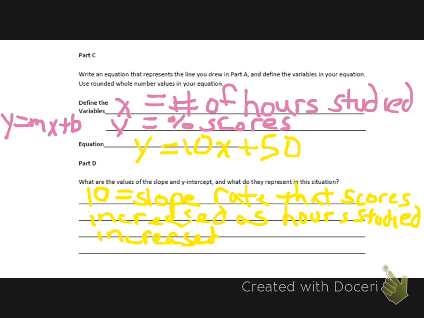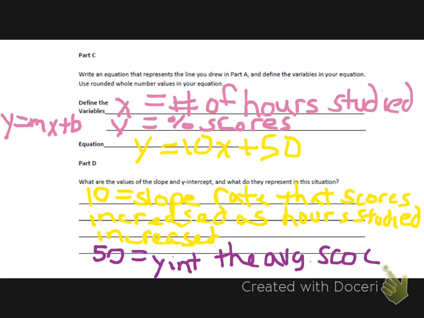So that would mean here we've got our 50 is our y-intercept. And remember that, if you notice, that's when x is 0. So that's the average score without any studying.